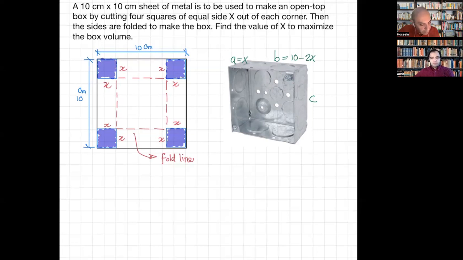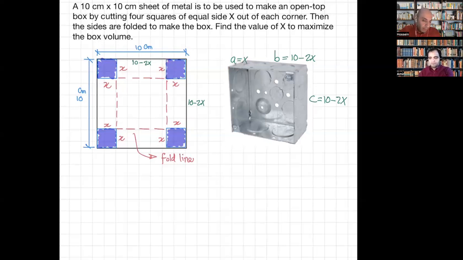Yeah, B is from here to here, which is 10 minus 2x, and then C is from here to here, and is equal to 10 minus 2x. Okay, thank you. And then this A here is this cut.